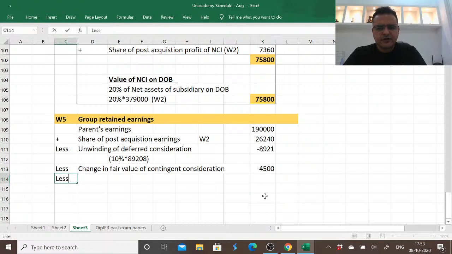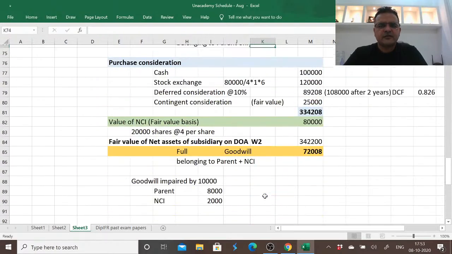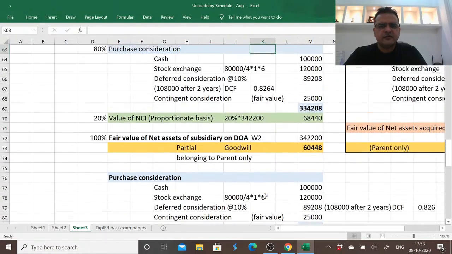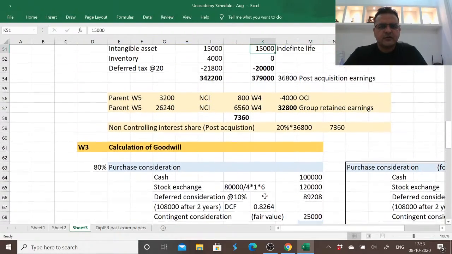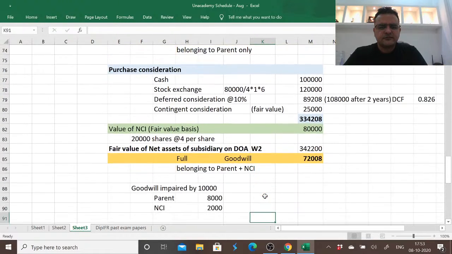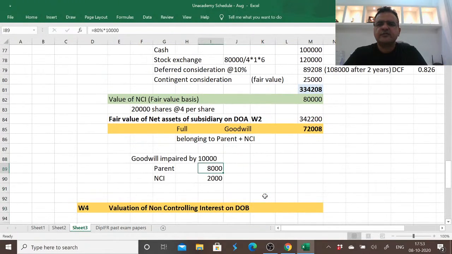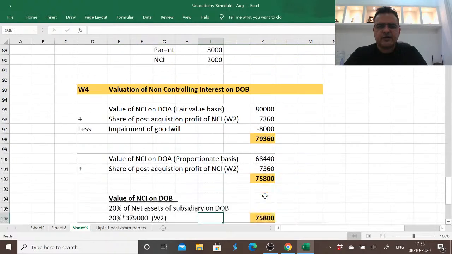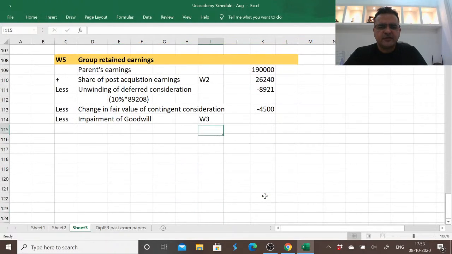We also included impairment of goodwill in working note number 3. How much was that? In working note number 3 there was an impairment of 10,000. We allocated 8,000 of the impairment to the parent. So we'll be including that impairment of goodwill here, minus 8,000.